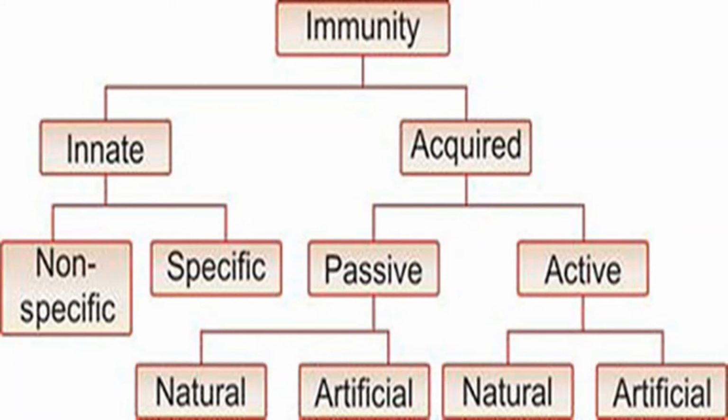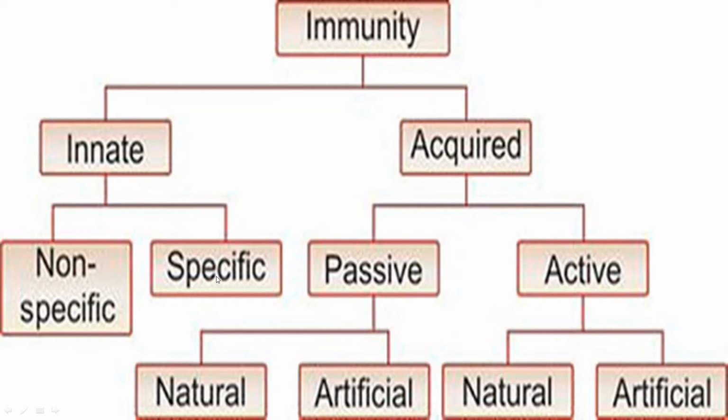Clear? Now, especially we will say that innate immunity is non-specific in nature and acquired immunity is always specific in nature because I am acquiring it. Innate immunity can still be somehow divided into non-specific and specific.